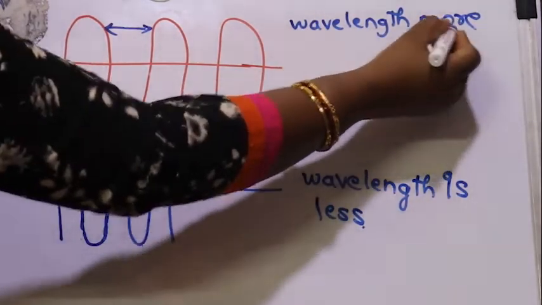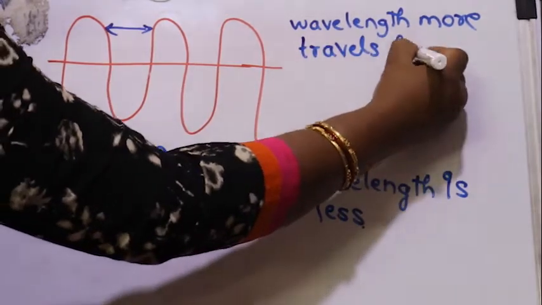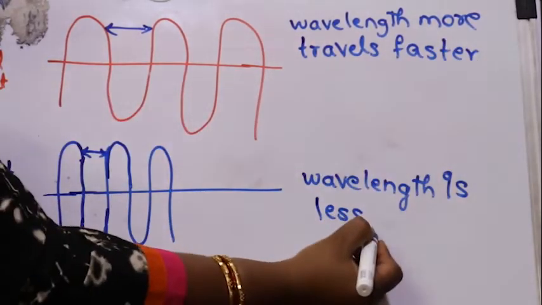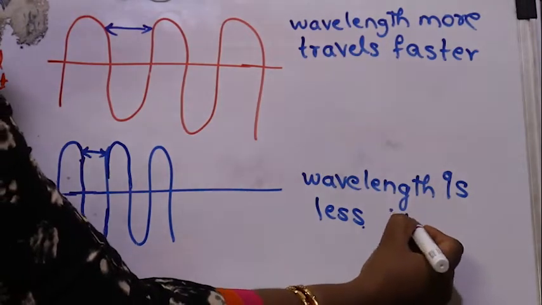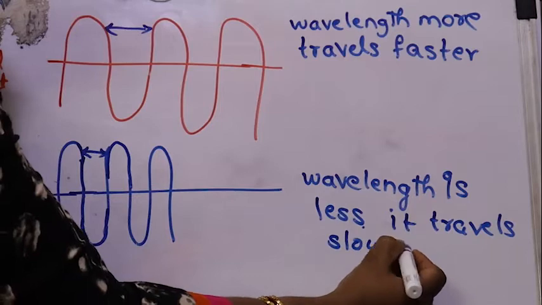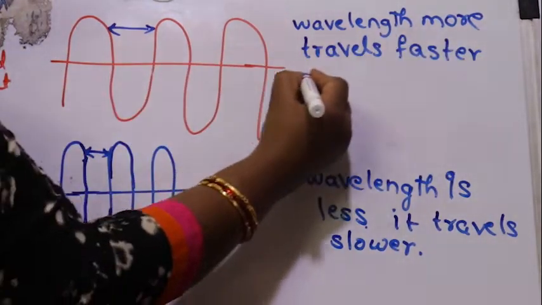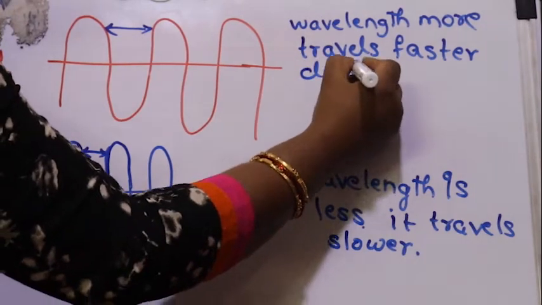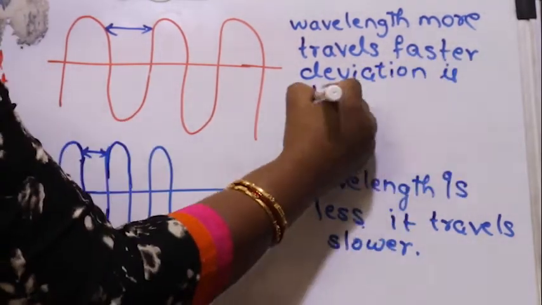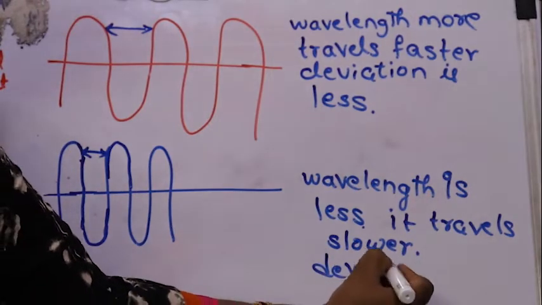When the wavelength is more, it travels faster. Here the wavelength is less, so it travels slower. When it travels faster, the deviation of the red light is less. But here the deviation is more.